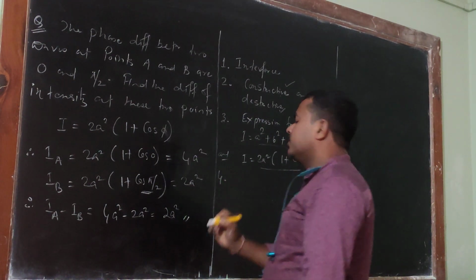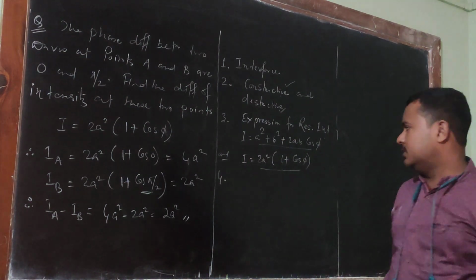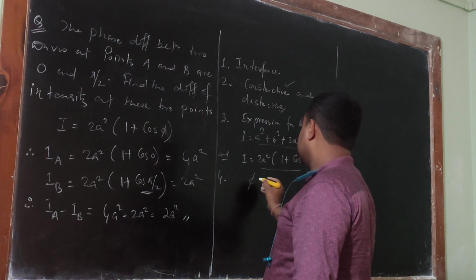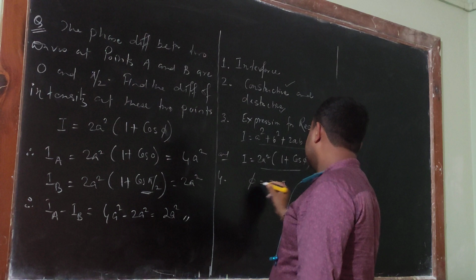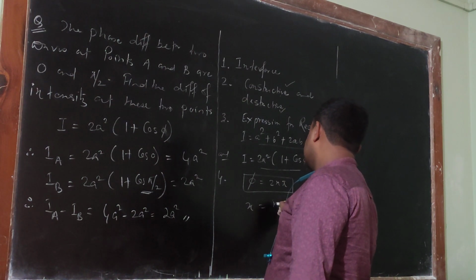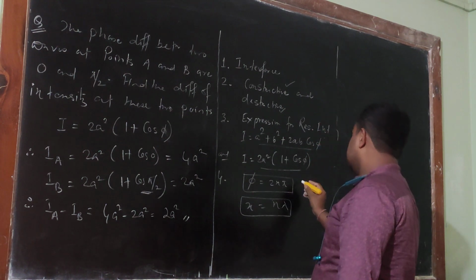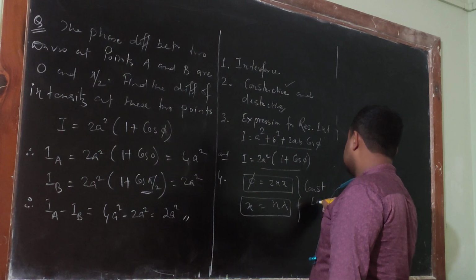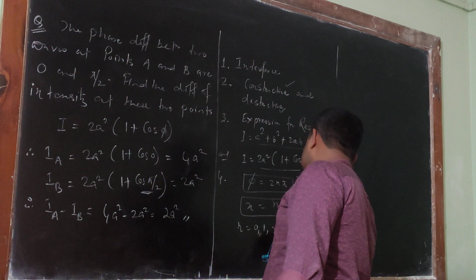After that, I gave you the conditions of constructive and destructive interference. For constructive interference, we have seen that the phase difference is an even multiple of pi, and the path difference is an integral multiple of lambda. Here n is equal to 0, 1, 2, and so on.